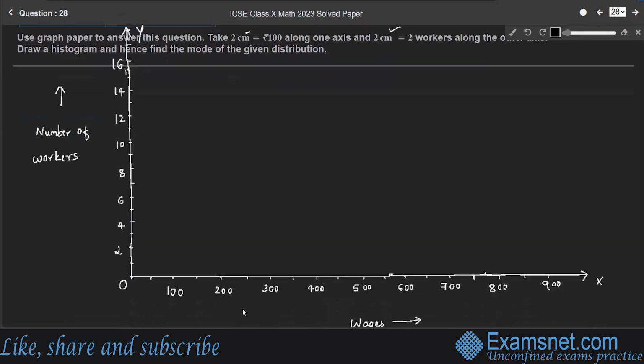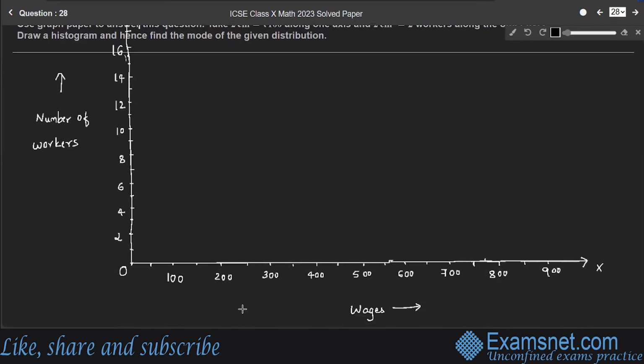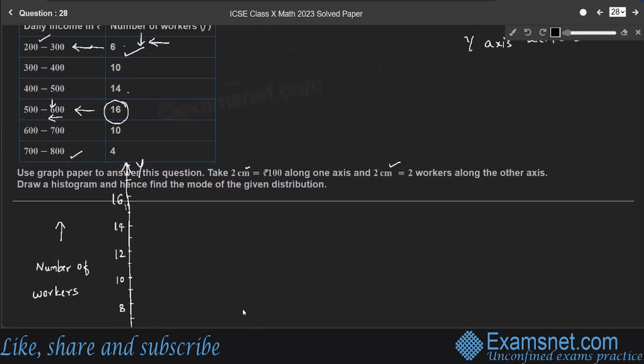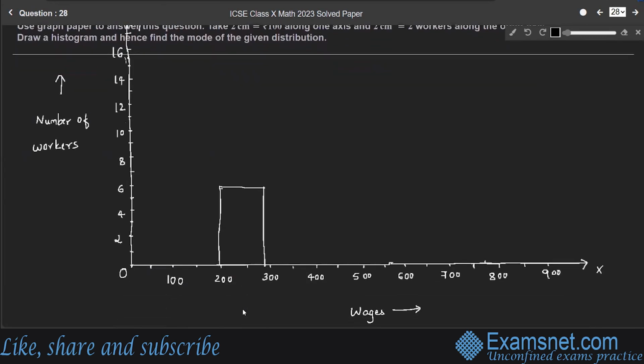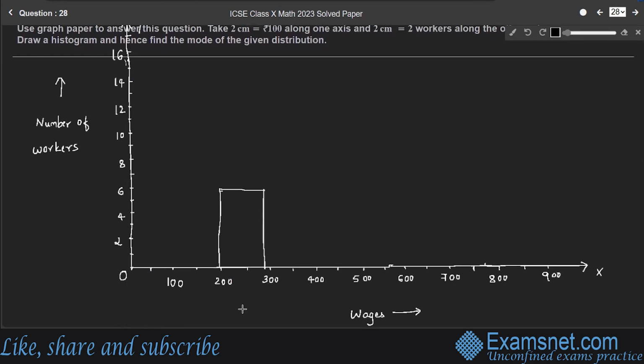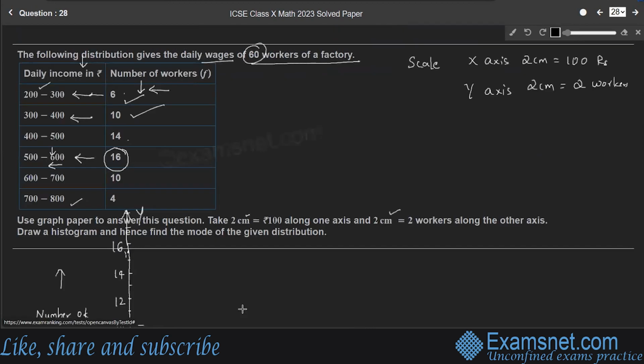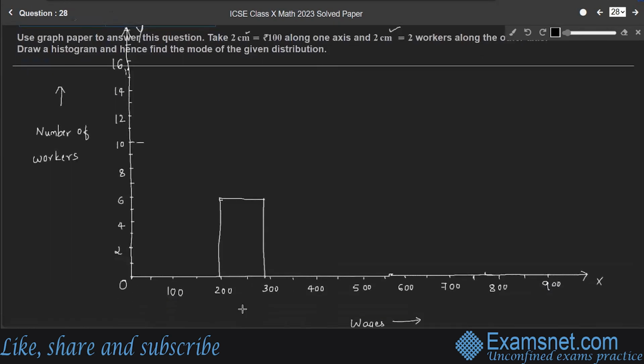So 6 workers are getting wages in the range 200 to 300. Represent it like this. And next, 10 workers are getting their wages in the range 300 to 400. So the number 10 comes here.